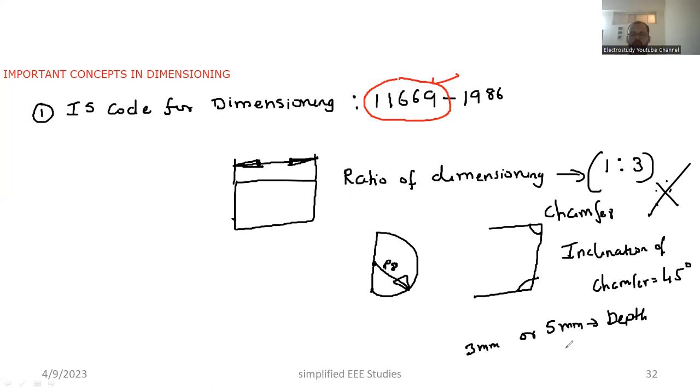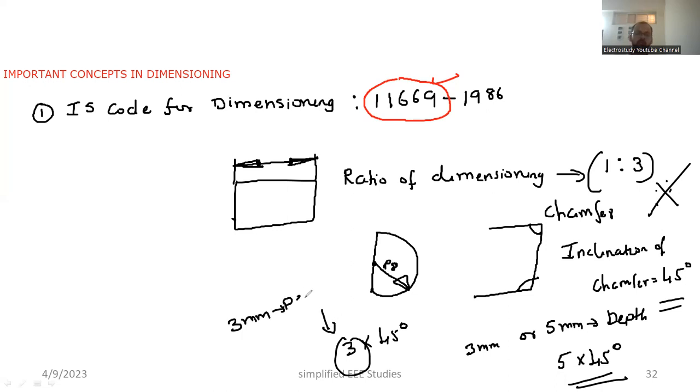If it is 5 mm, how can I represent it? 5 into 45 degrees, where 45 degrees is the chamfer angle and 5 mm is the depth. For example, 3 into 45 degrees. Here remember that 3 mm will be the depth, and 45 is the chamfer angle.